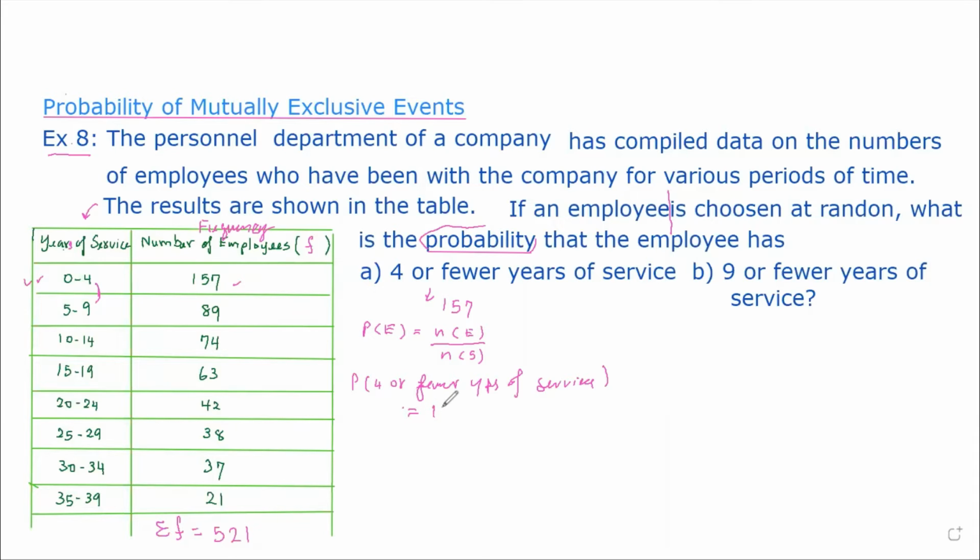So we're going to have 157 divided by the total, that means sigma F, which is 521. Okay, and that's the answer for question A.